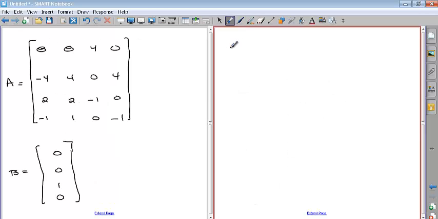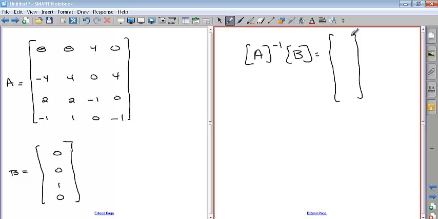And what we can say is that the solution to this is going to take the inverse of matrix A times B, and I'll give you a matrix like this, and the numbers that go here are the solutions. So don't worry about knowing the details here, because I'm not going to give you one this tough, but I just wanted to give you an idea of how it would go.